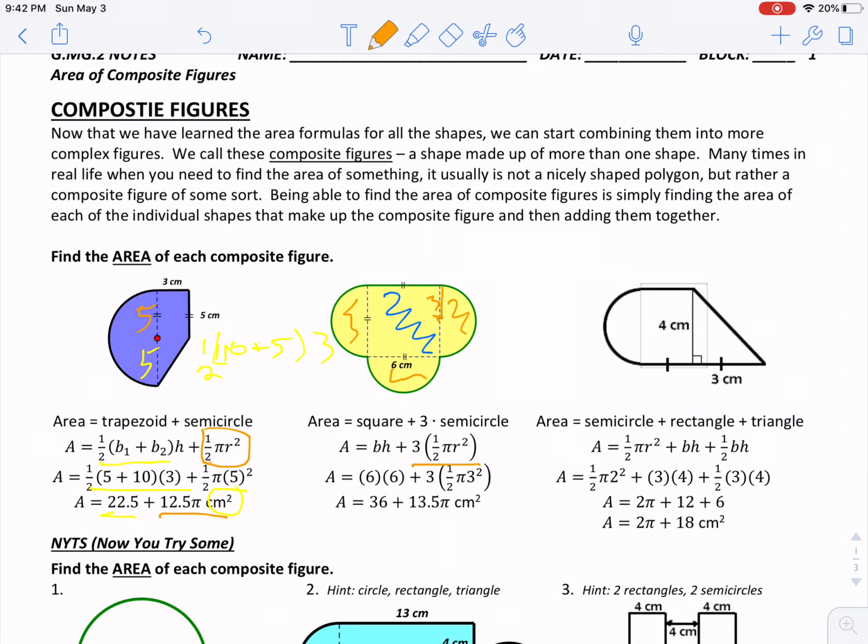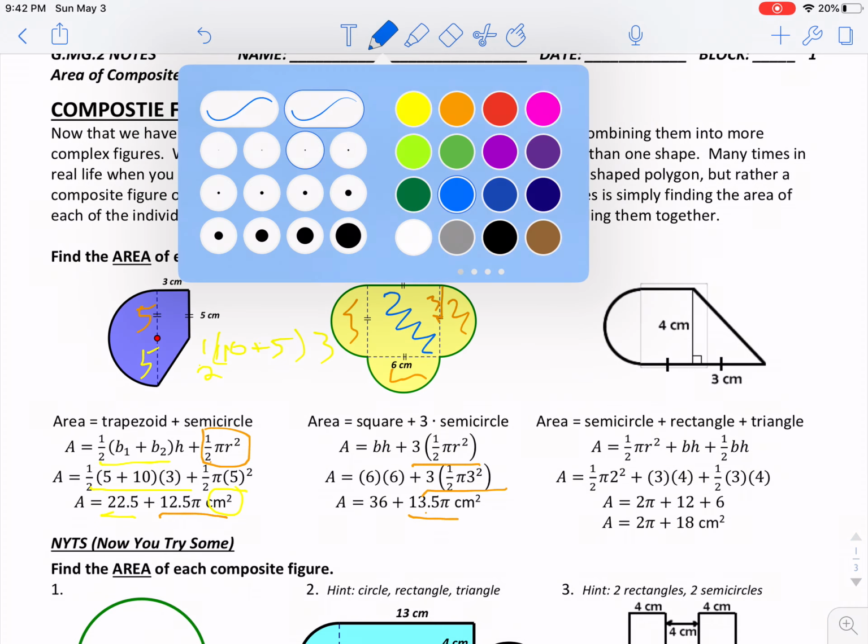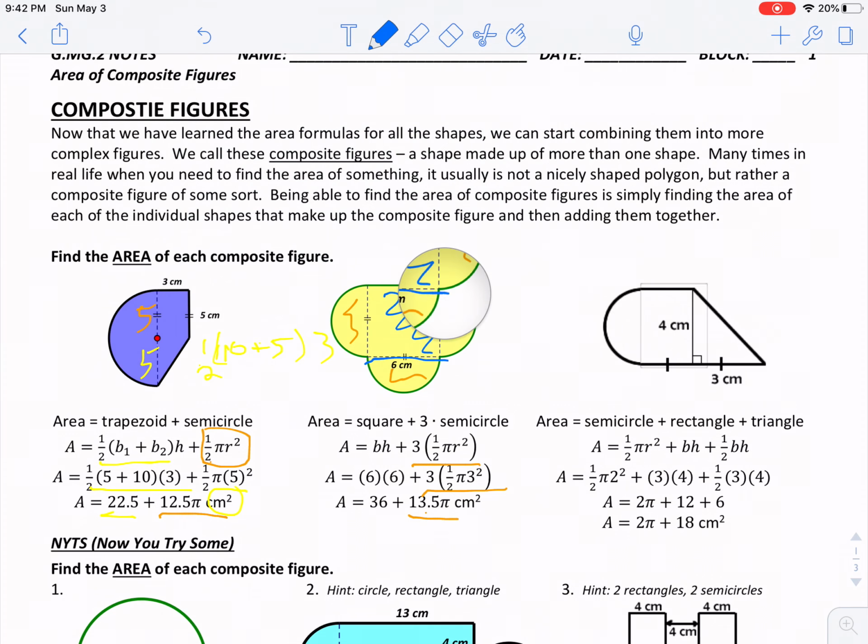So they do 3 times 1/2, 1/2 because it's a semicircle, times pi times 3 squared. So the 3 semicircles are 13.5 pi centimeters squared. A square is just a type of parallelogram, so base times height or side squared, either one, which just equals 6 times 6, or 36.